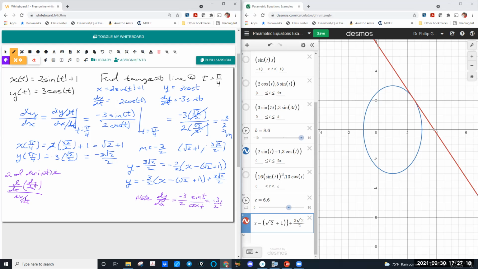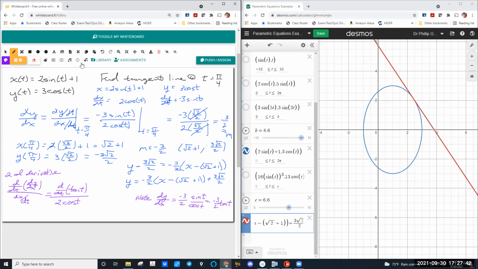So minus 3/2 tangent of t. So to get our second derivative, basically we're doing the derivative with respect to t of tangent of t over dx dt, which we have right here. So over 2 cosine of t.